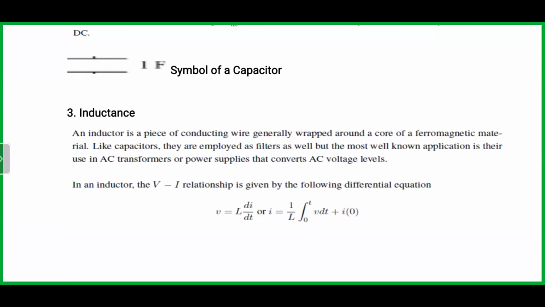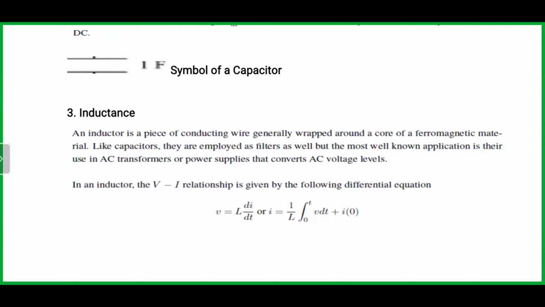You see, V, we are talking about the voltage to current ratio. V equal to L, which represents the inductance, di/dt, whilst current is changing, that means current is flowing through, whilst time is also increasing.